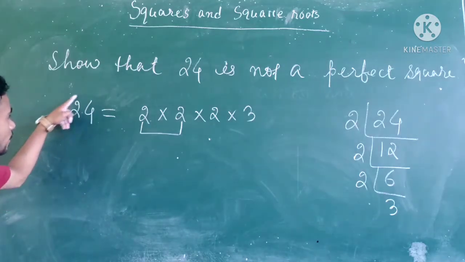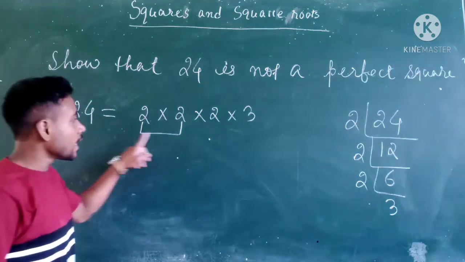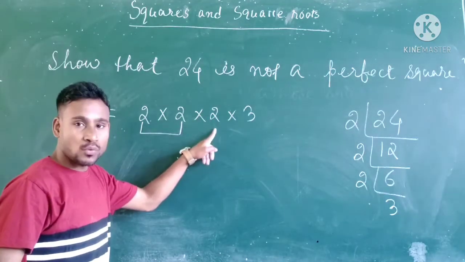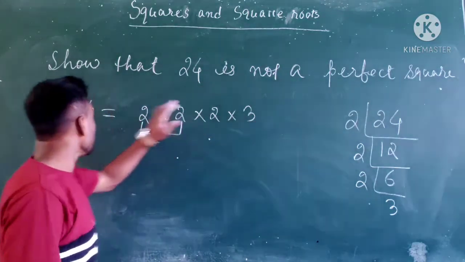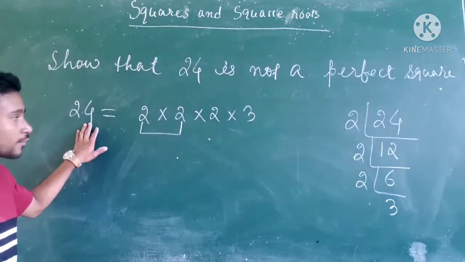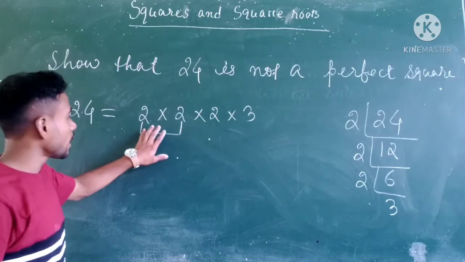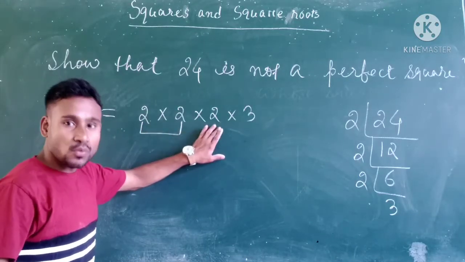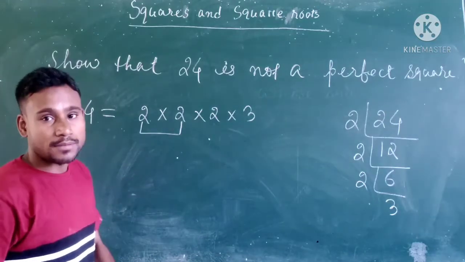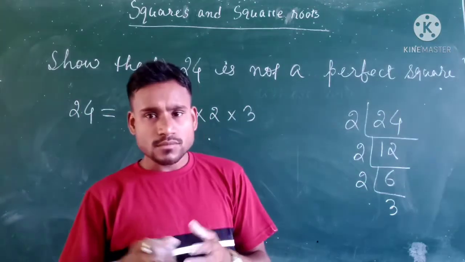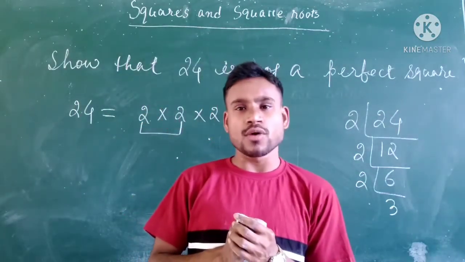If 24 were a perfect square, we would need one more 2 and one more 3, and then it would be called a perfect square. But as we do not have any pair for this 2 and this 3, we cannot say 24 is a perfect square. So this is the basic idea about squares and square roots.